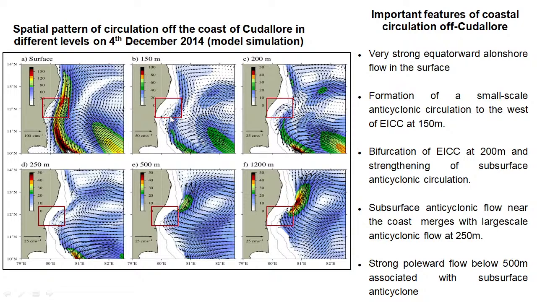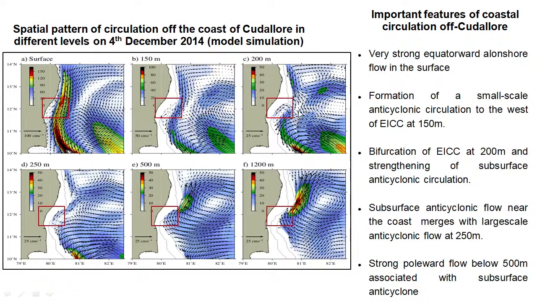But when we come to 150 meter, a little lower, you can see that the surface current intensity has come down. At the same time, we started seeing a small anticyclonic circulation to the right of the flow, or to the shoreward side of the flow. This gyre has intensified further when we went to 200 meter.